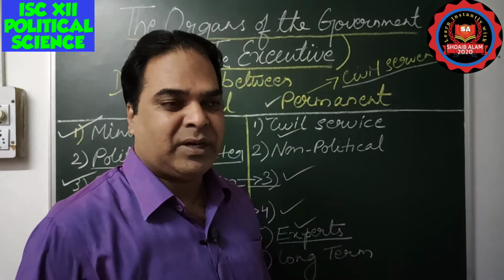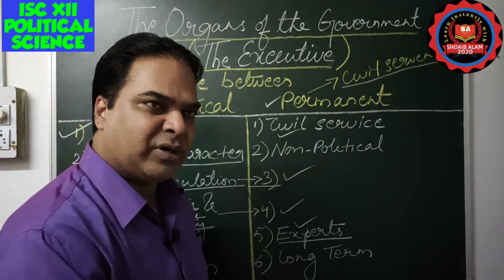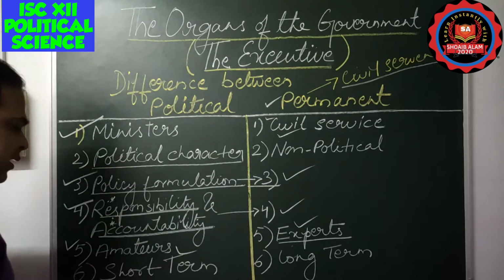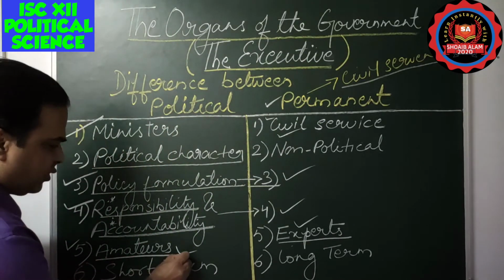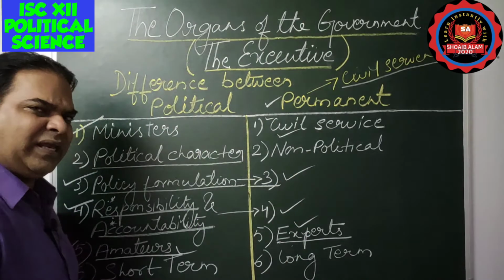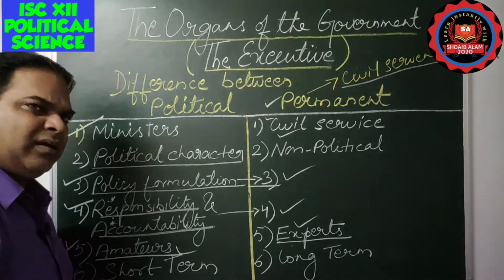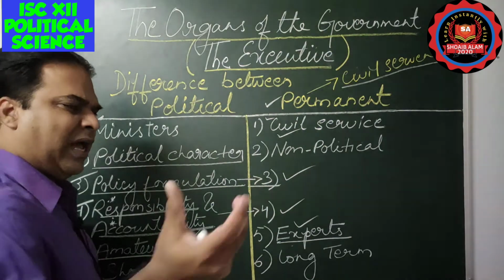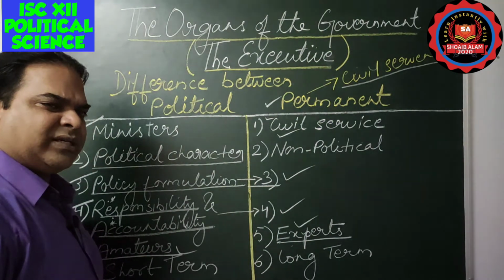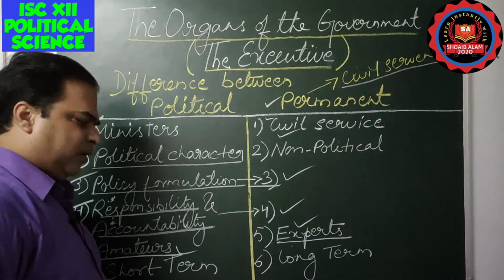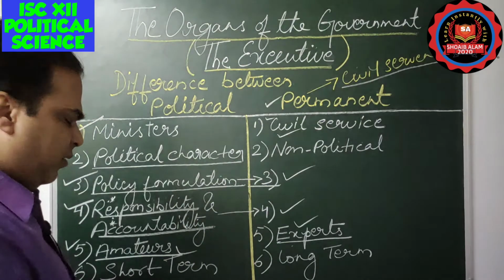Did you understand what I am trying to say? That is something different, out of the topic, out of the syllabus. But this is the difference between amateurs and experts. In our country, many examples are there of those who don't have a degree and become education minister, right? A lot of things, my dear, you can know it.